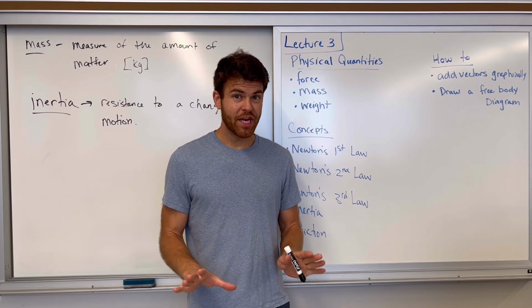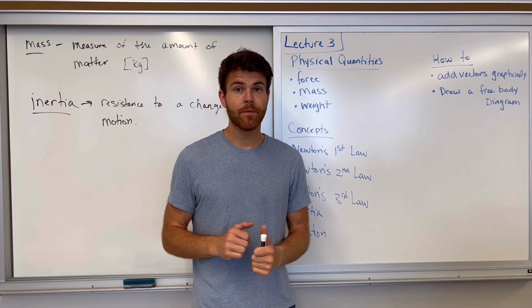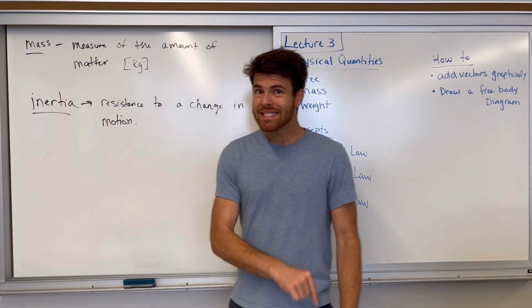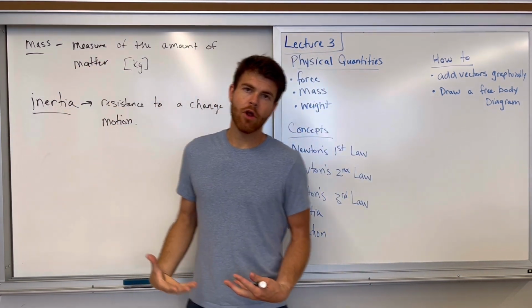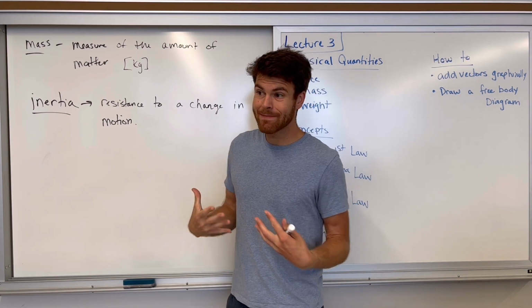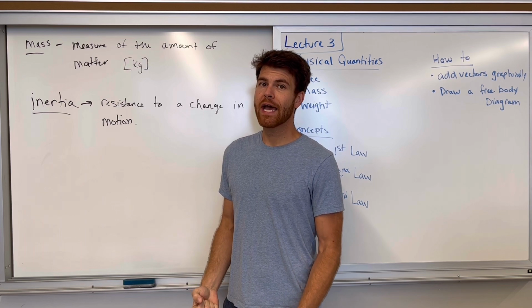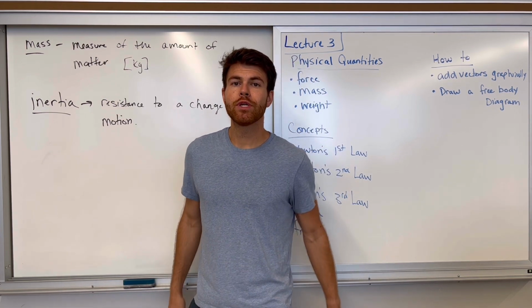It doesn't want to speed up or slow down, or change direction, because the object has inertia. Now how mass ties in is, mass is the inertial property of an object. It's an object's mass that gives it inertia. The more mass an object has, the more inertia it has, the more resistance to a change in motion.